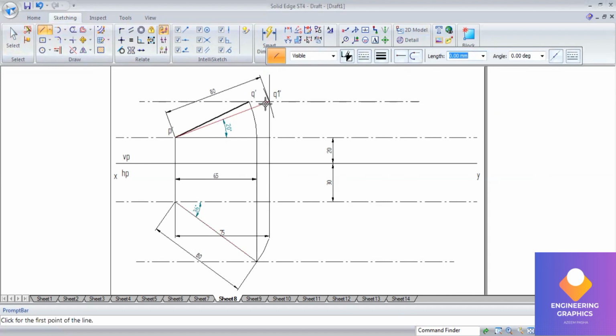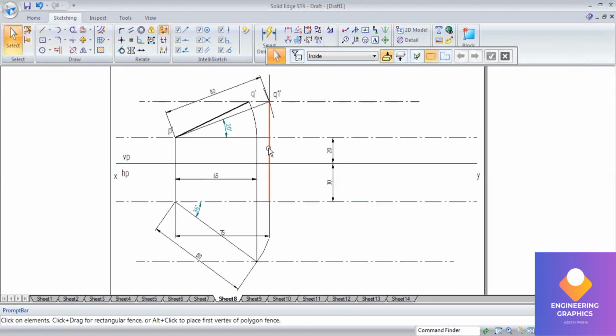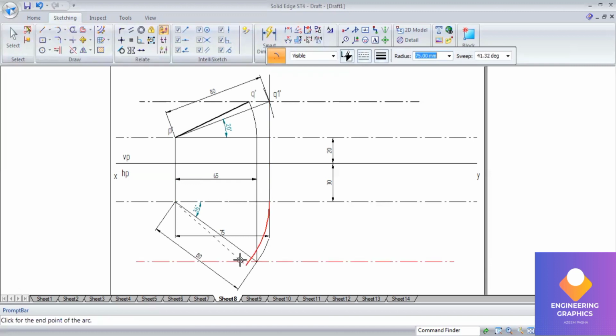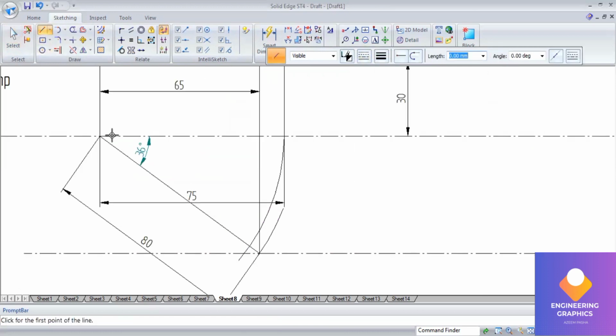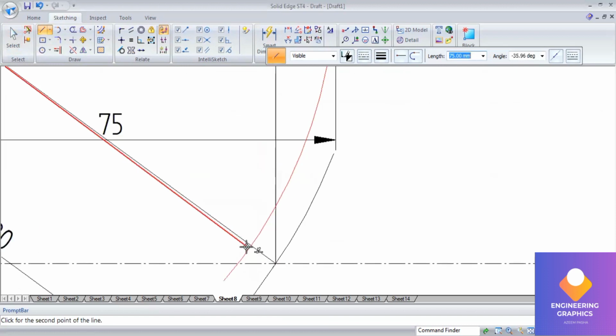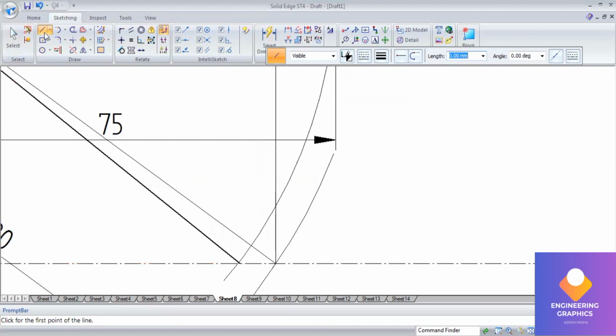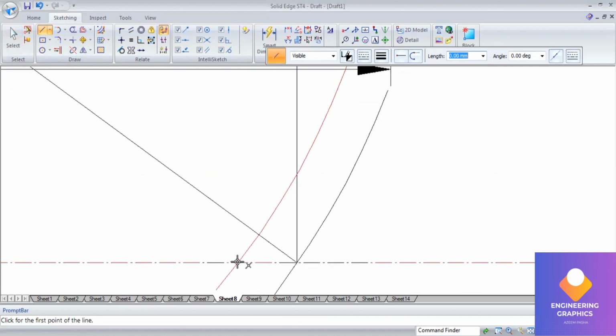This is the 75 mm we should consider. Already I've drawn a straight line, so cut the arc. Now join the upper end length with a thick line of 0.50 mm. So we constructed both the upper end lengths and top views.